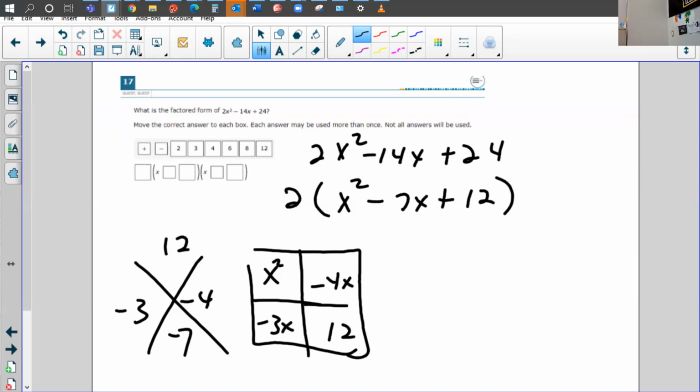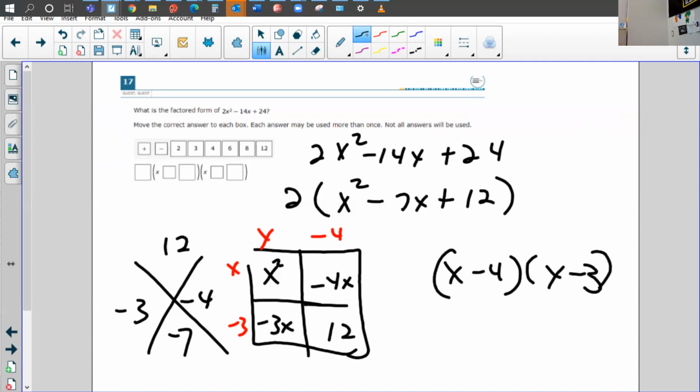So this is going to be x here, that's your x there, that's going to be -4, and it's going to be -3. So my factors now are x minus 4 and x minus 3. But don't forget this 2 right here. You put a 2 there. So that's it.